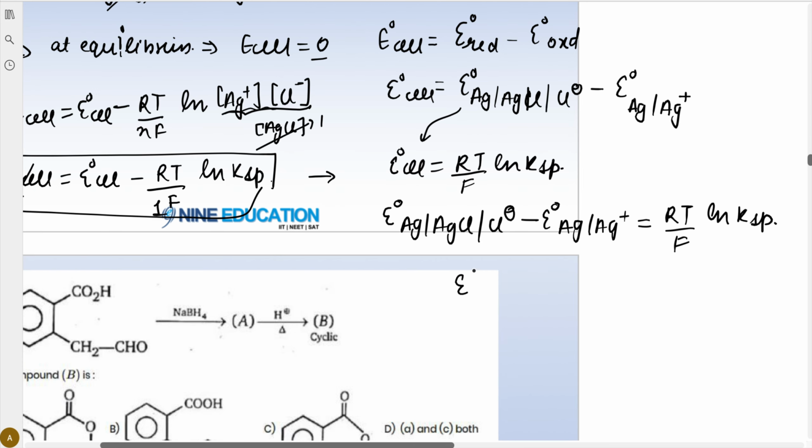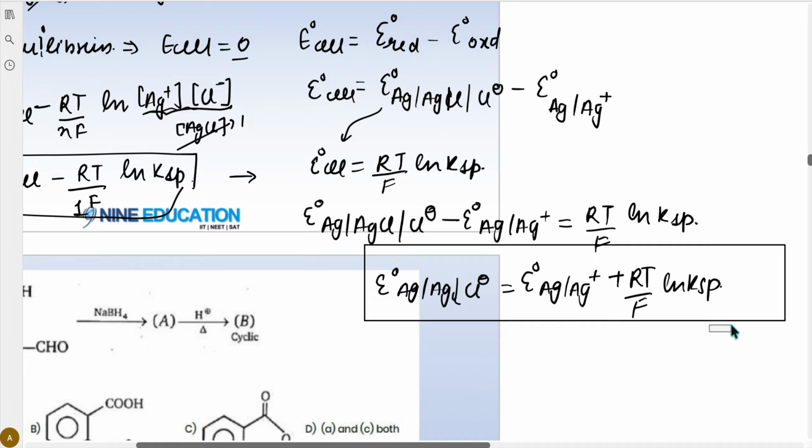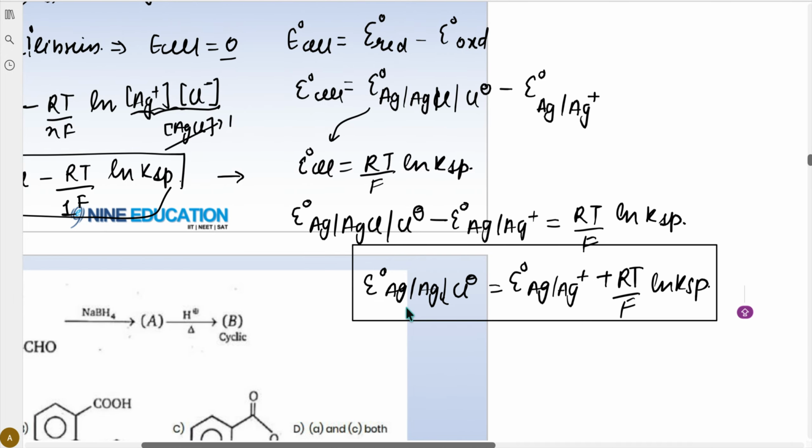Now from here you calculate E naught of Ag, AgCl, Cl minus, which will give you E naught of Ag and Ag positive electrode plus RT by F ln of Ksp, and this is the equation and answer for this.